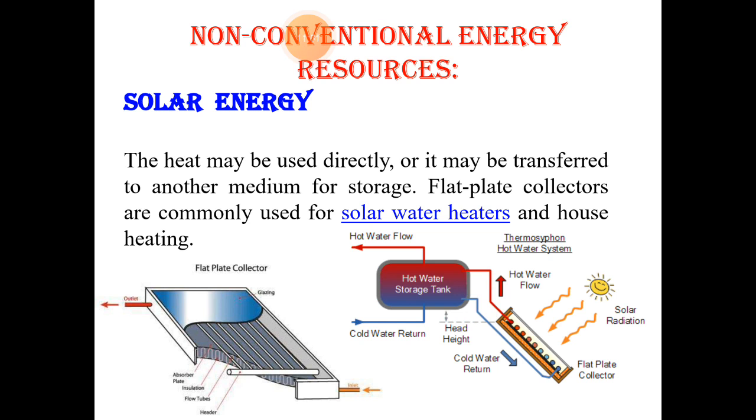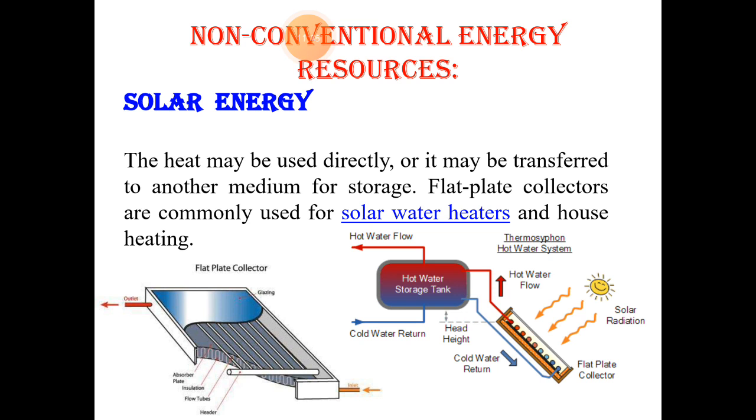You can see its working principle in the picture of the slide here. The solar radiations fall on flat plate collectors. Towards your right side, the diagram depicts it. The heat energy of the plate is now transferred to the flow water tubes down. The water becomes hot.